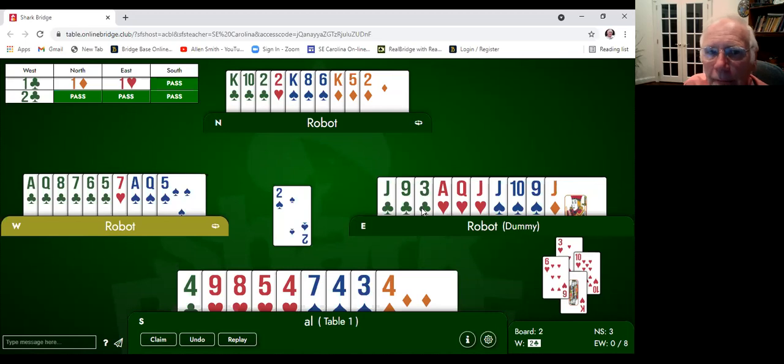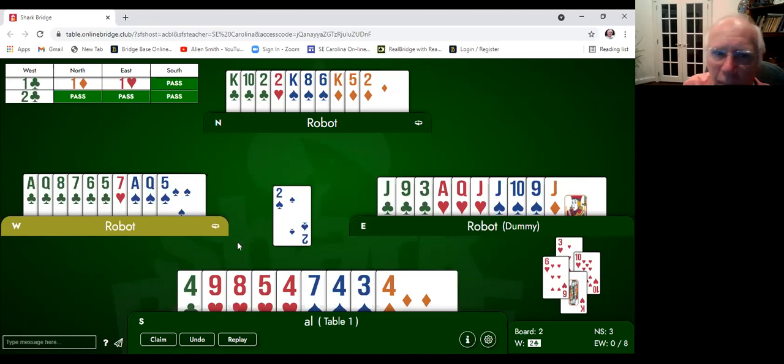And let's assume that he's going to try to develop things so that he can throw away the two spades on the 2 hearts. The only way that he can possibly do that is to win the ace of spades now, play the ace of clubs, okay, and then hope for the king of clubs to drop.